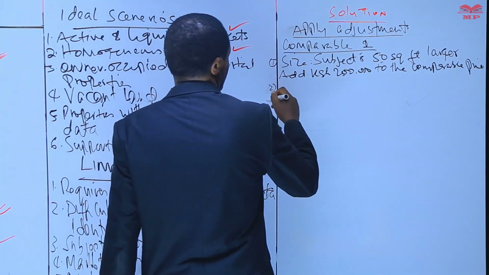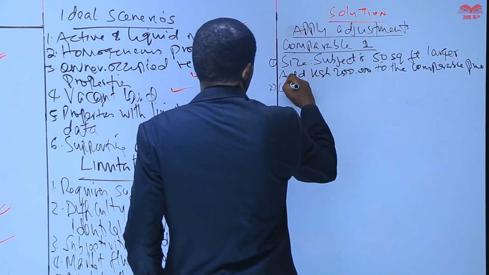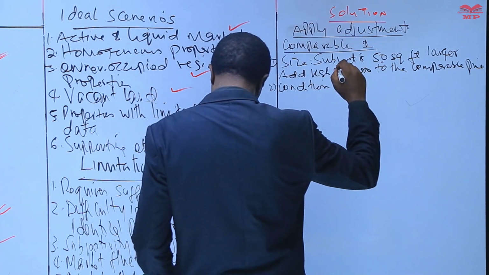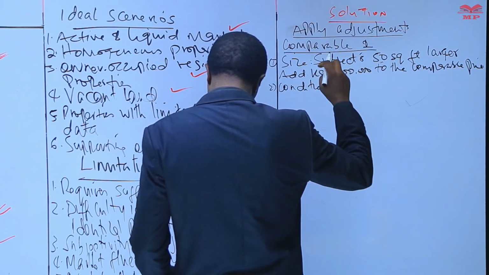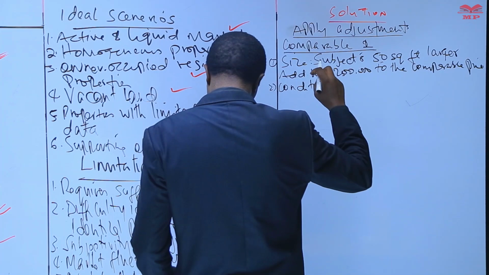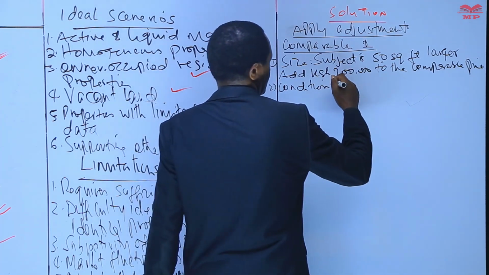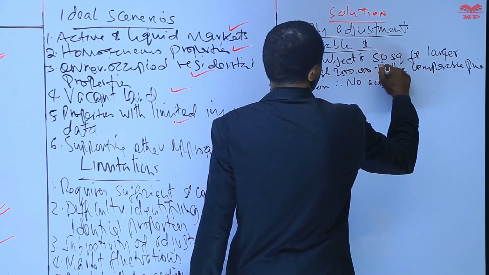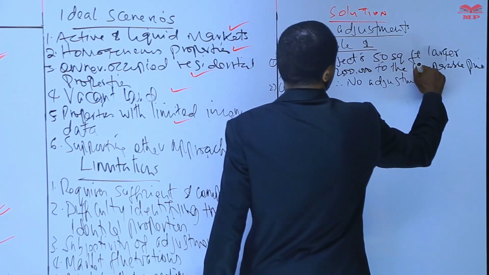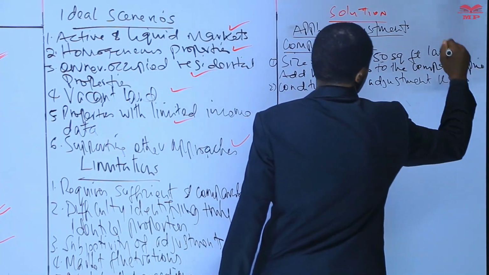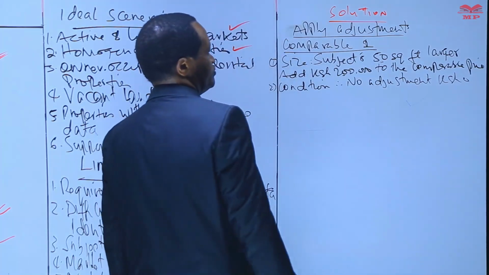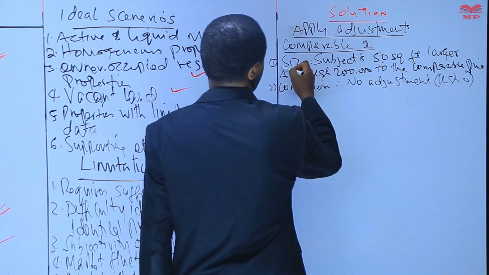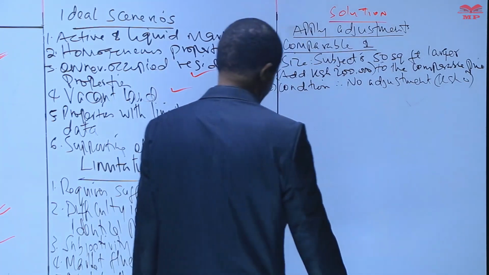Then number 2 is the condition. What do we read? The condition is the same, so no adjustment is required, or the adjustment is just 0. Here we added 200,000.